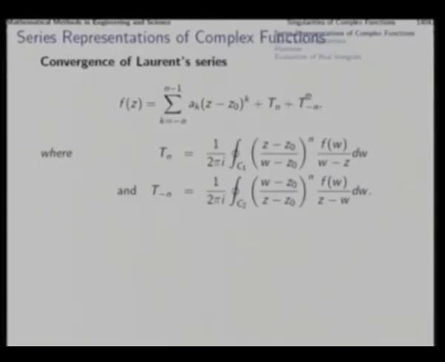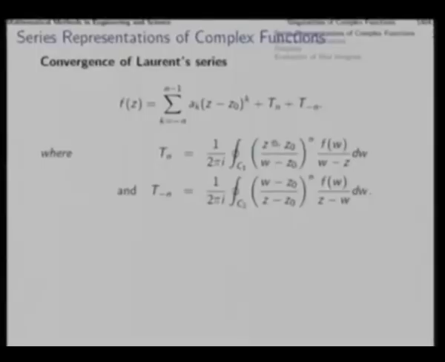Now, we concentrate on these terms and see what happens to them as n tends to infinity. You can see that the way we organized 1 by w minus z, we have ensured that this over the outer circle has absolute value less than 1, and this on the inner circle has absolute value less than 1. That means, as n goes very high, this tends to 0 and this also tends to 0.